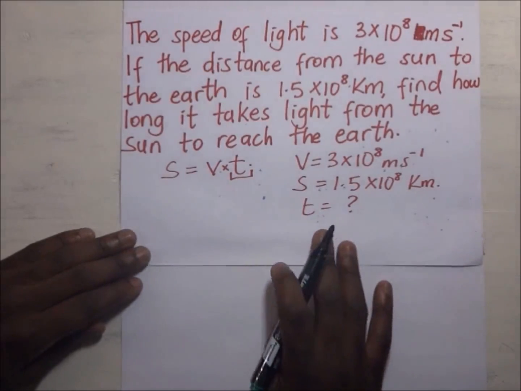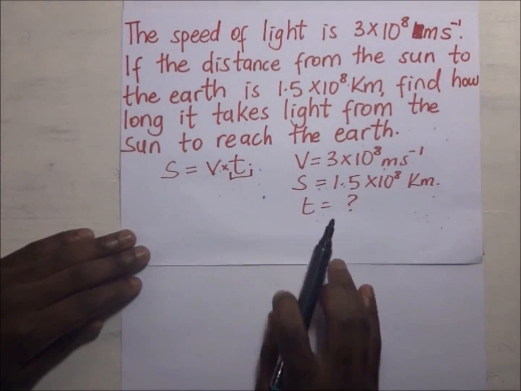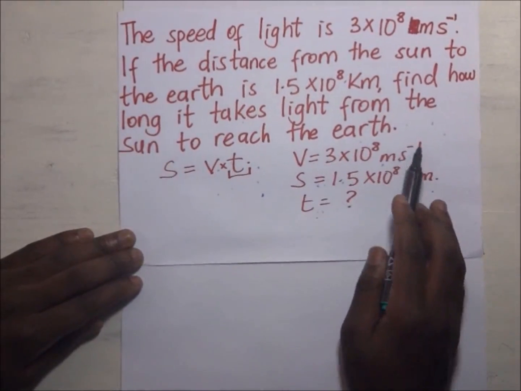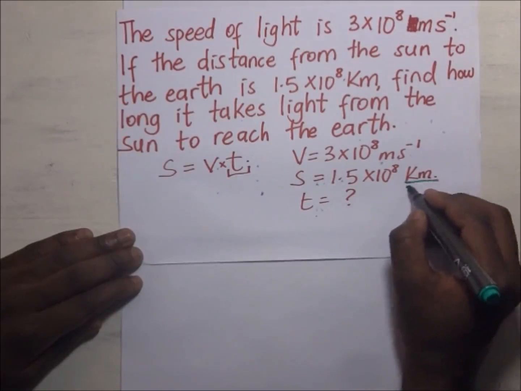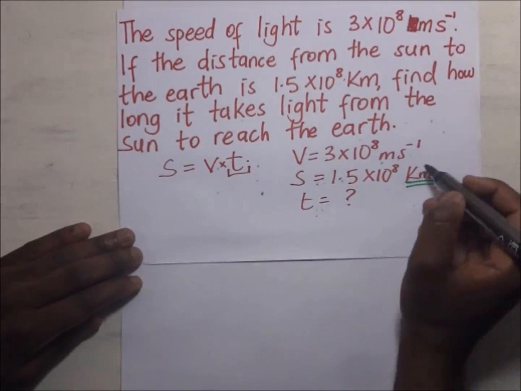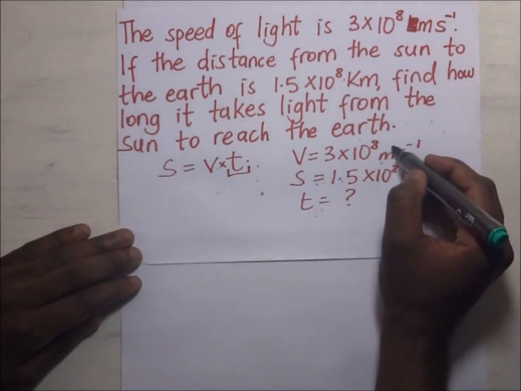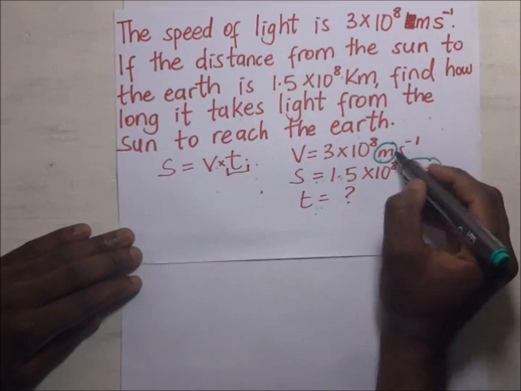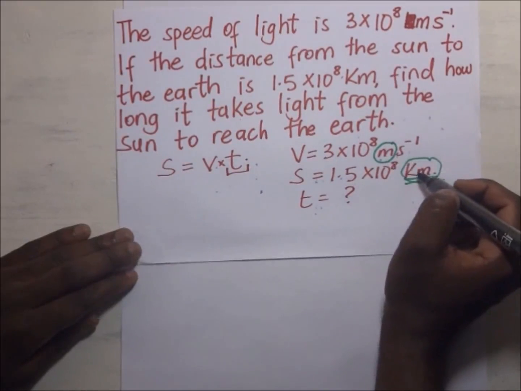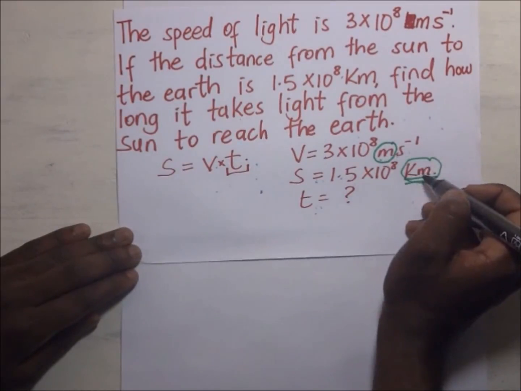Now please take note of this, that here our velocity is in meters per second and our distance is in kilometers. So now these are kilometers, these are meters. We need to harmonize these units. They are either both kilometers or both of them are meters.